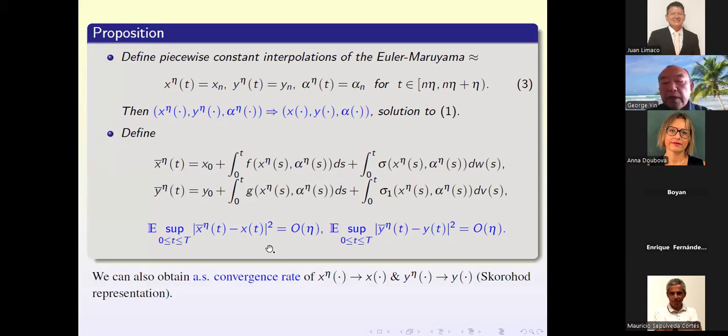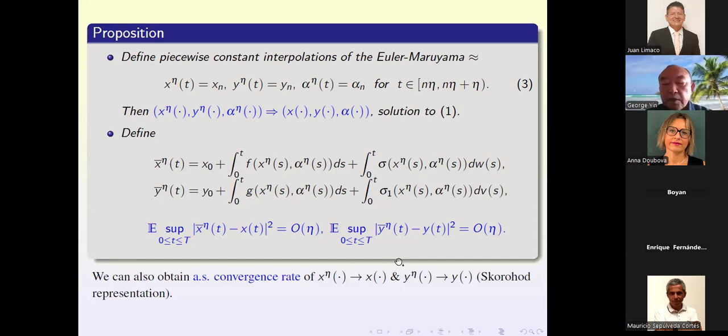In this way, we can then analyze the convergence rate. The convergence rate turns out to be uniform in T. You take the second moment, or the mean square, of that. The order eta is actually the step size.